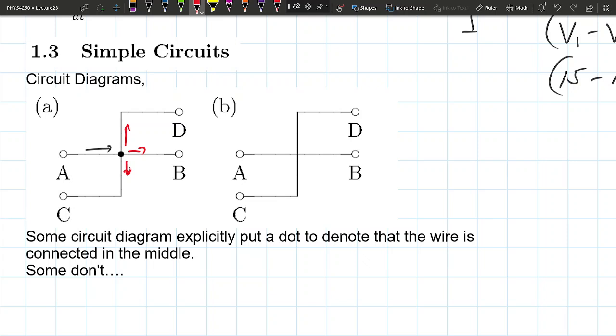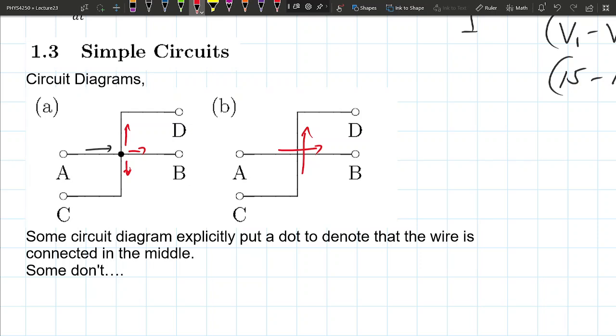The diagram on the right is more ambiguous, without that solid dot there. Sometimes it means that these two wires are just on top of each other. They don't touch, and the current just flows through, or it could mean that they are connected.